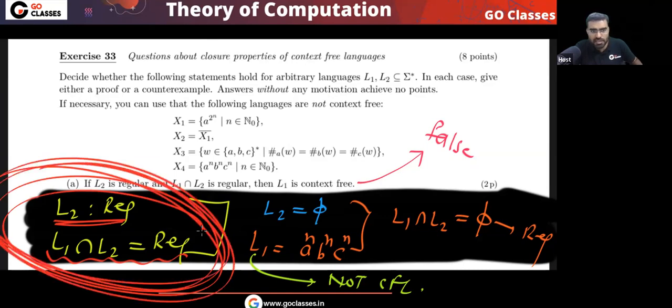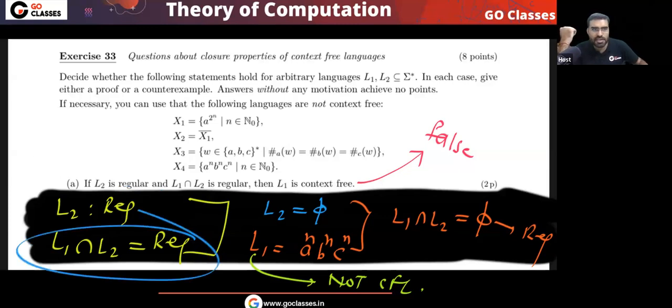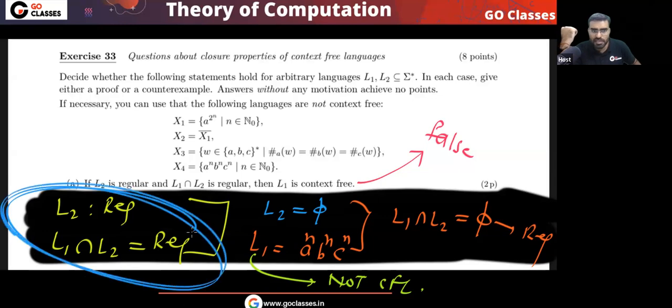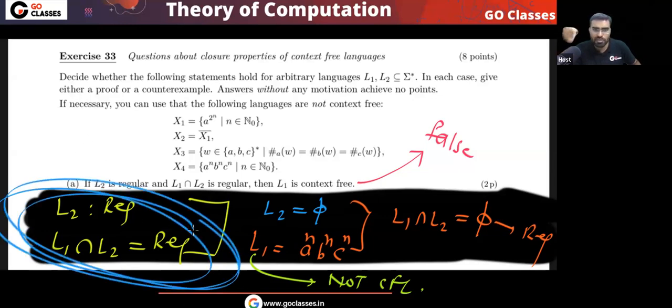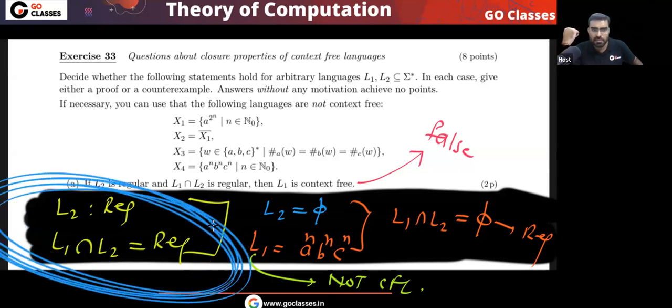Does it guarantee that L1 will be context free?